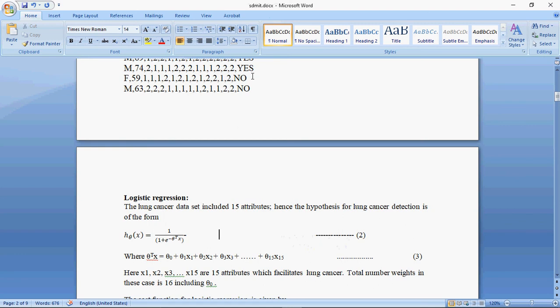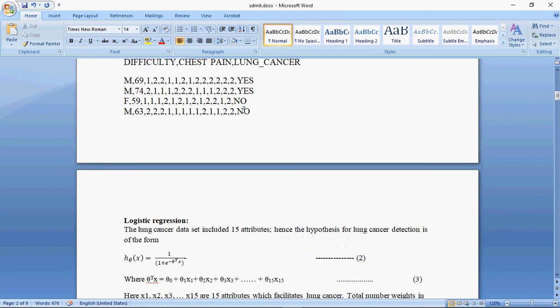So this value, we can use for comparing with our desired result, which is always 1 or 0. So literally this will also be 0 to 1. You evaluate this function and estimate whether it is greater than 0.5 or lesser than 0.5. When you obtain h of x, or h theta of x, if it comes out greater than 0.5, you decide that the person has lung cancer.